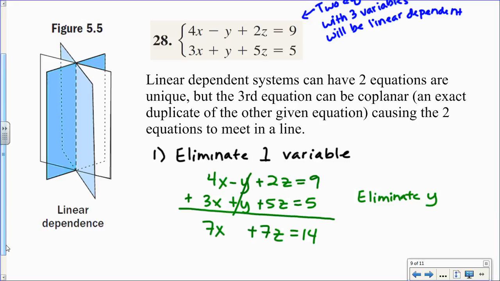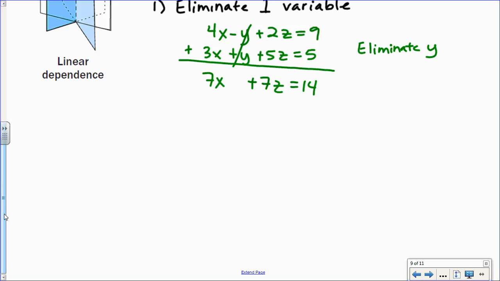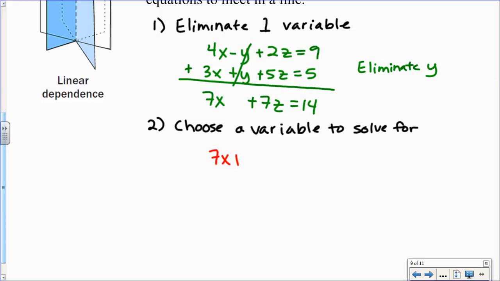So I have to go ahead and start solving for one of the variables. My next step is taking this and choosing a variable to solve for, either x or z. I have 7x plus 7z equals 14.